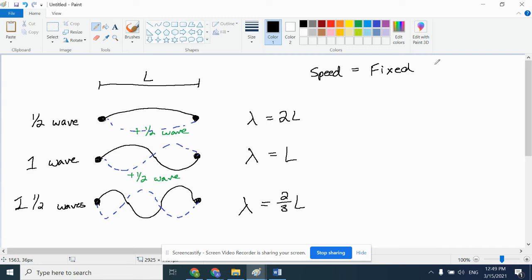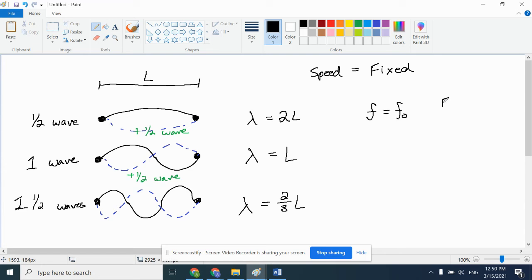Tension is how tight I've wound the string at the end here. By going to half a wave, to 1 wave, to 1.5 waves, I don't change the speed. What I notice is my wavelength is decreasing. It started at 2L, then L, then 2/3 L, which means my frequency is going to be increasing.